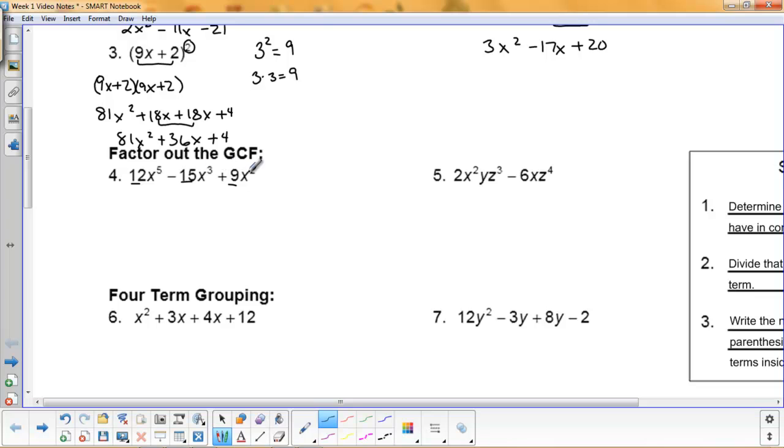So that means that we're going to take out x squared for sure, because if this is x squared plus x, and then this is x squared plus x to the third power. So all three of these have at least x squared in them. And then we can notice from these three terms that it's going to be the number 3. So I'll start by writing that on the outside.